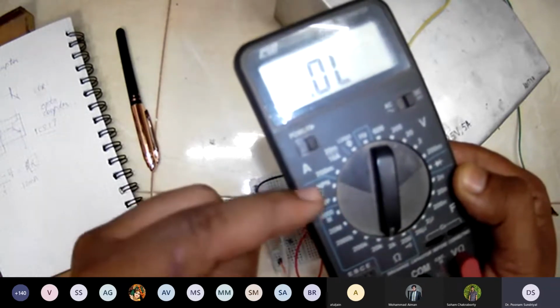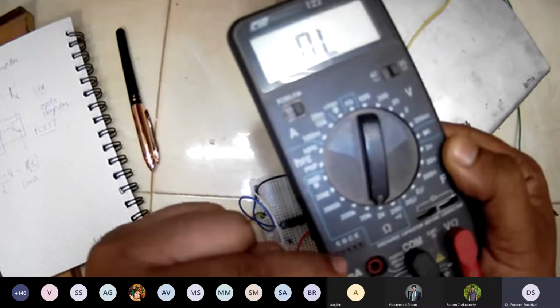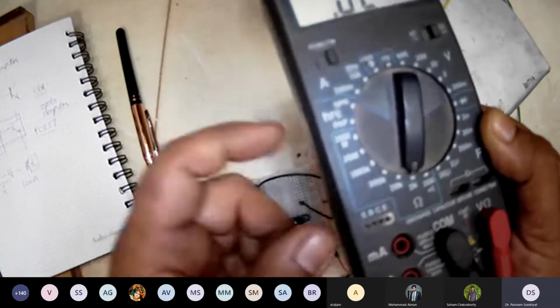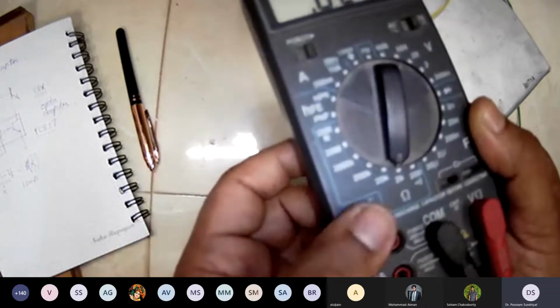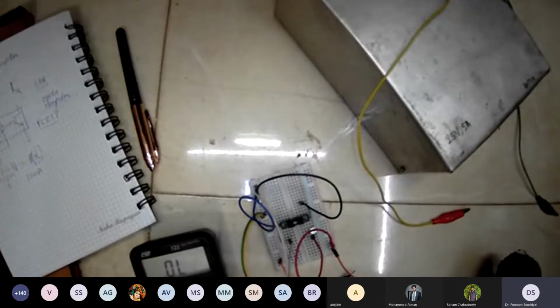You just need to set it to NPN or PNP, and put the emitter, collector, base into the appropriate slots. There's a bunch of slots over here, and you can measure that. We don't want to do that right now. We just want to measure the resistance.